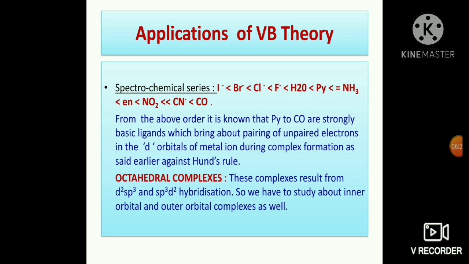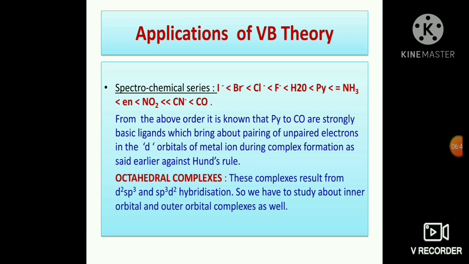If we remember the spectrochemical series well, we can easily differentiate and write the structures for octahedral inner orbital complexes and outer orbital complexes. First we see octahedral complexes. For every complex, we have inner orbital examples and outer orbital examples.